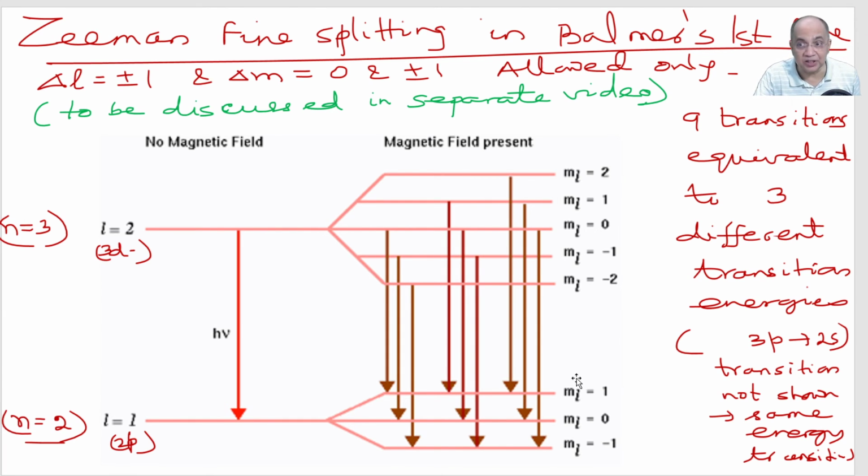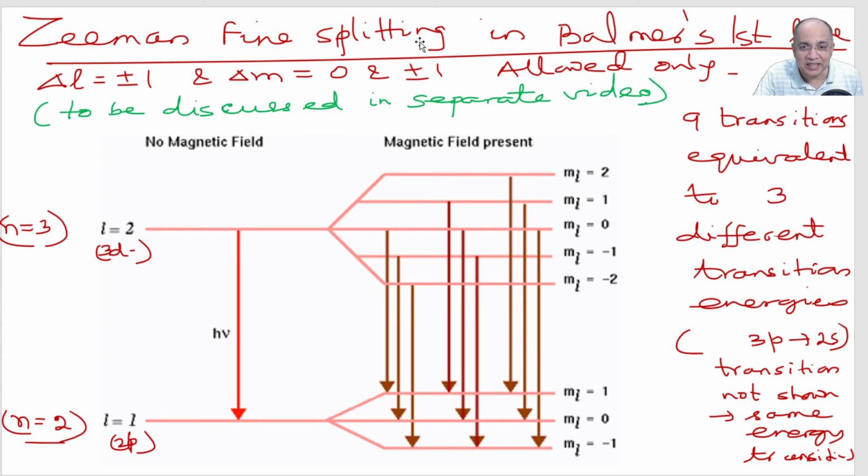There are 9 transitions which are allowed. At the time of Sommerfeld, it was delta n plus minus 1. Now in quantum mechanics, delta l, the azimuthal quantum number, is plus minus 1. Here l starts from 0 in quantum mechanics, and delta m, the change in magnetic quantum number, will be 0 allowed, plus minus 1 also allowed, plus minus 2 not allowed.